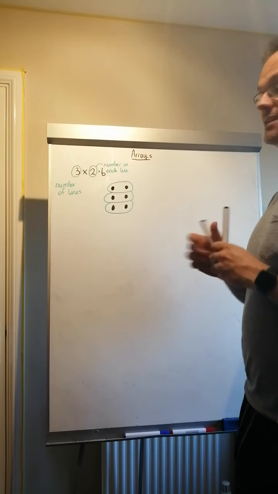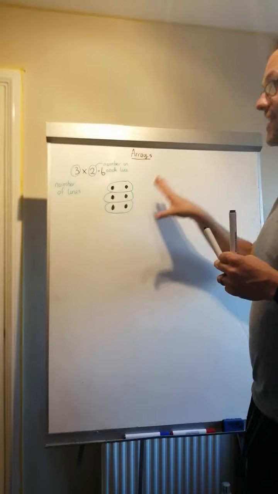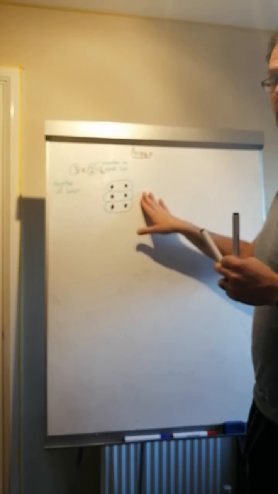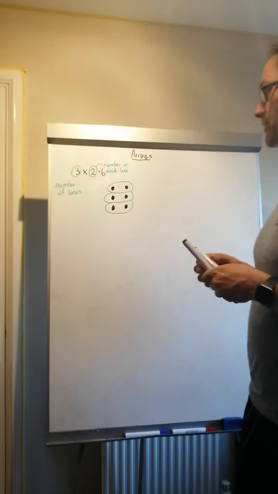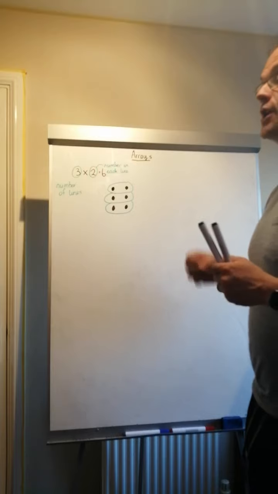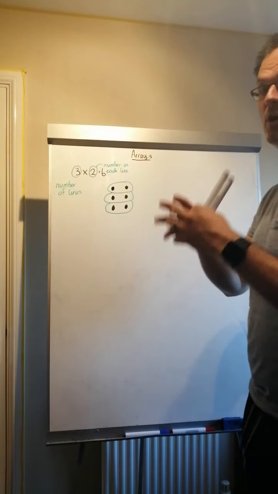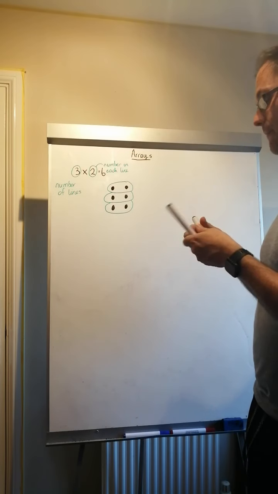Okay, nice and simple. But from this array, we can also make a division. Because remember that division is the opposite of multiplication. So remember, with division, you have to start with the bigger number because you're then sharing it out. Think about the division by sharing and grouping that we did in the previous video.